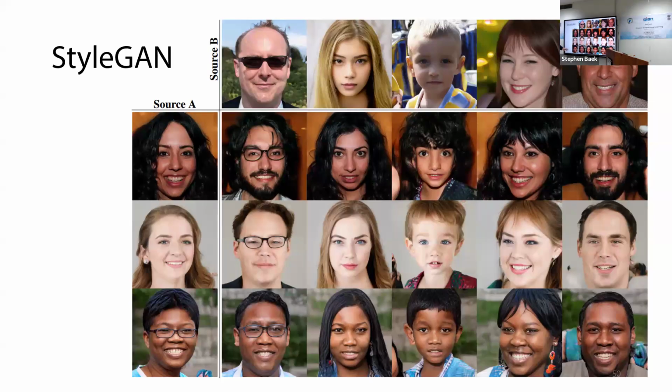Or, like, this black woman over here, combined with this little child, right? And then as a result, we have something in between, right? That inherits the skin tone and things like that.